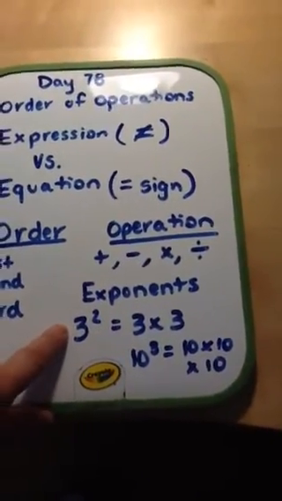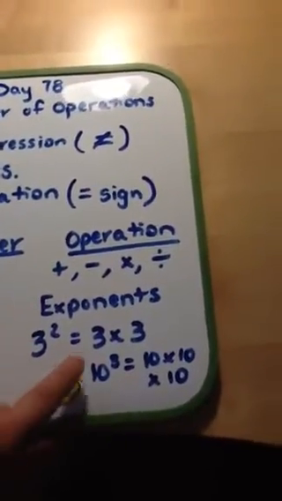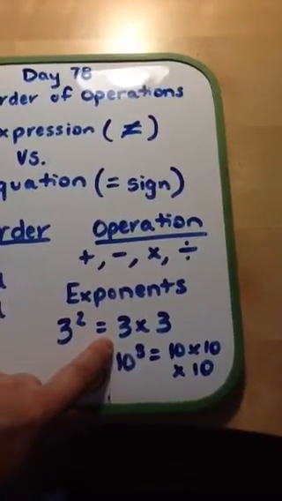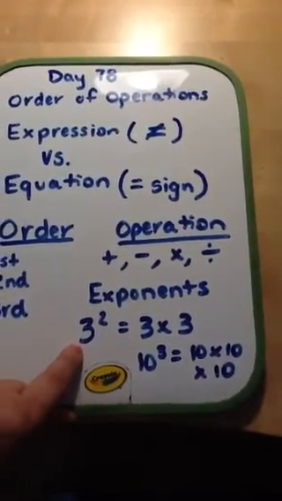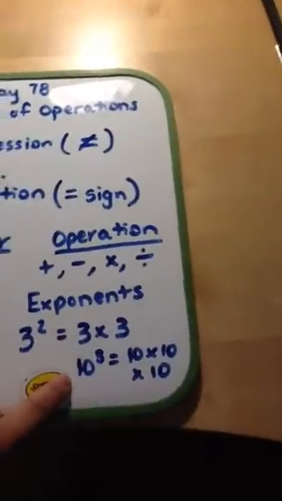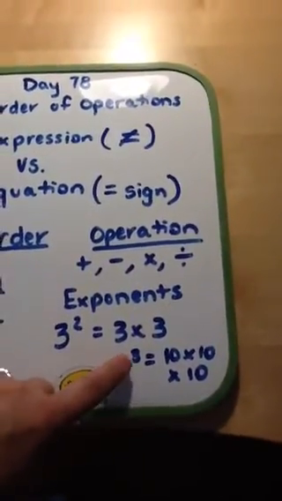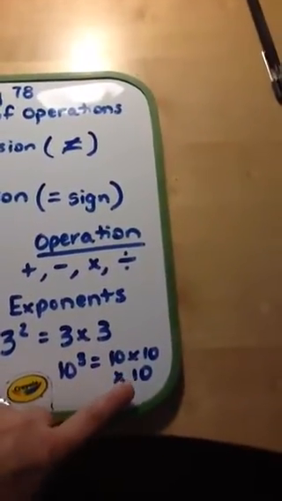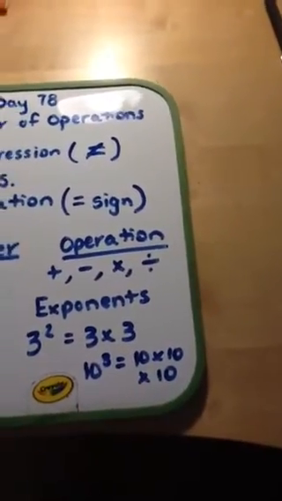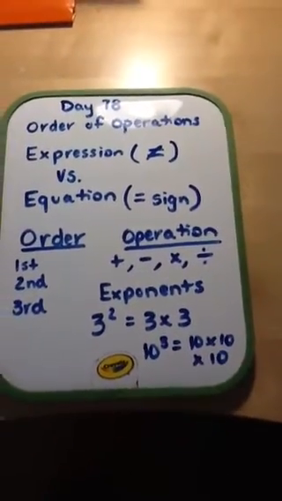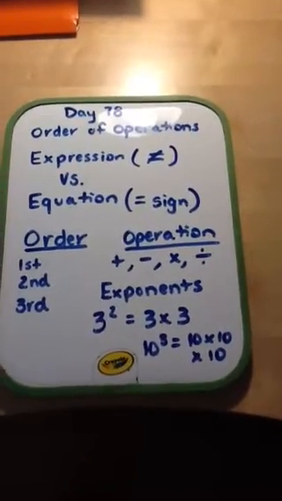So if I have 3 squared, or 3 to the second power, it really means 3 times 3. You're multiplying 3 times itself 2 times. And if I have 10 to the third power, and yes, that's a 3, it is 10 times 10 times 10. So the exponent just tells us how many times we're going to multiply that number times itself.